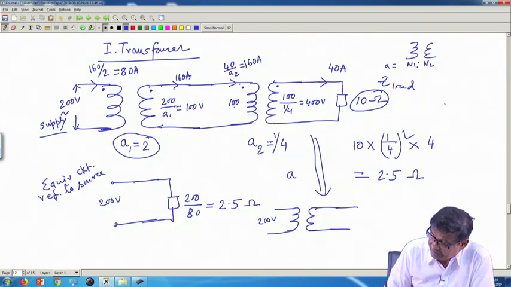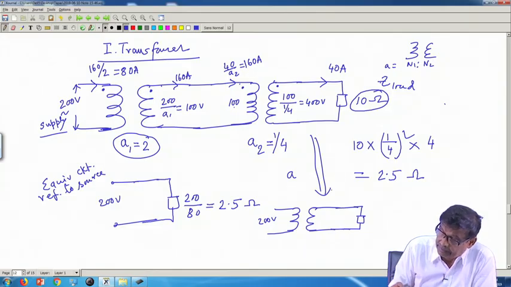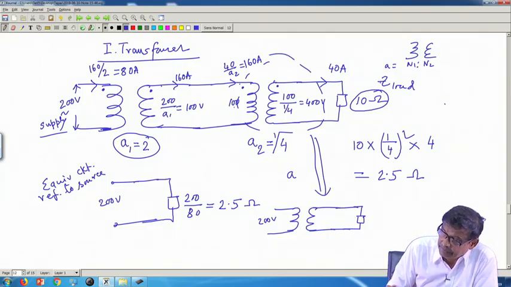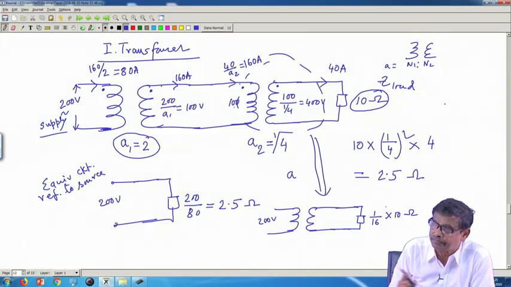Then I will say across this transformer an impedance is connected, whose value is A square into 10. Here this transformer, I will replace. So, this impedance will appear to be A square into 10, A is 1/4. So, it will be 1 by 16 into 10, so much ohm, if any mistake point out.